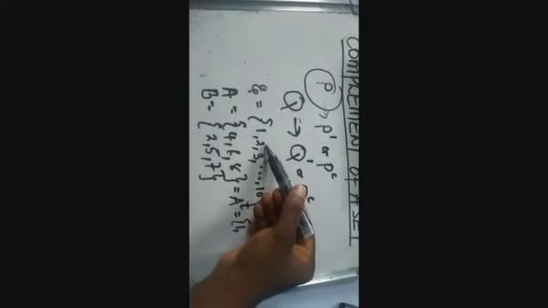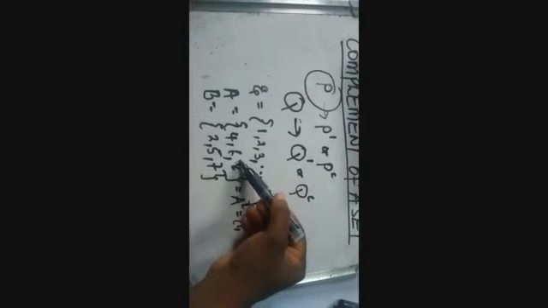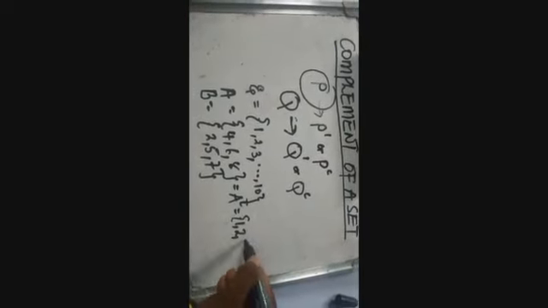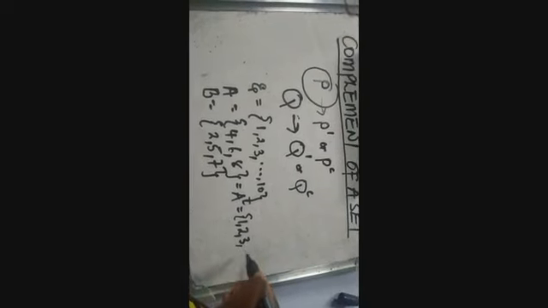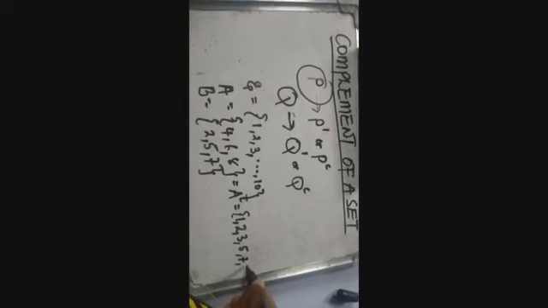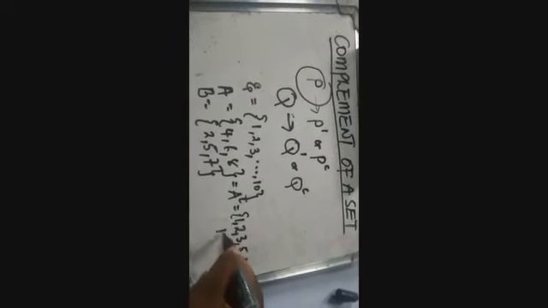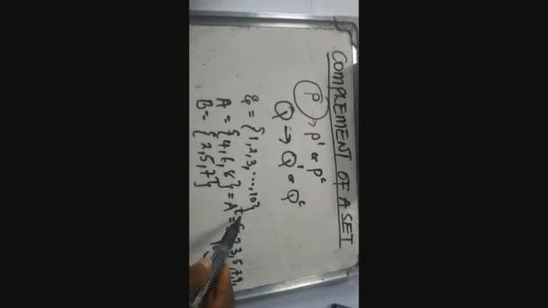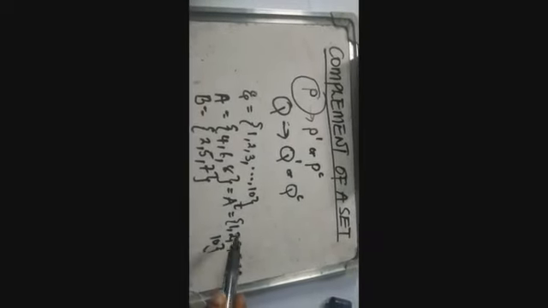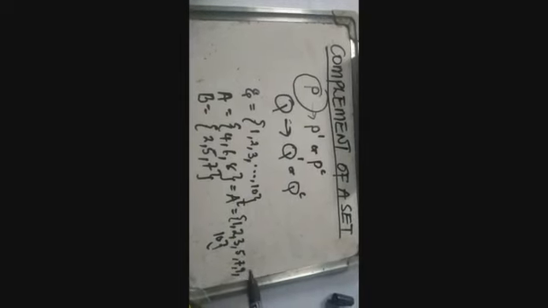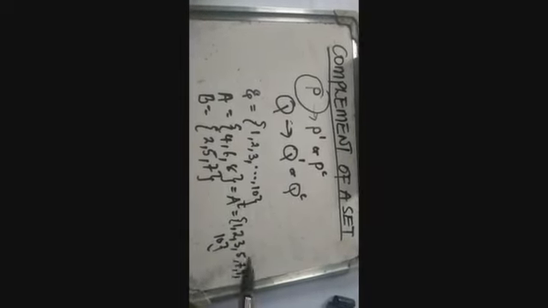You can find 2 here, there's no 2 here, so 2 is included. We have 3, 5, 7, 9, and 10. So A complement is equal to 1, 2, 3, 5, 7, 9, and 10.